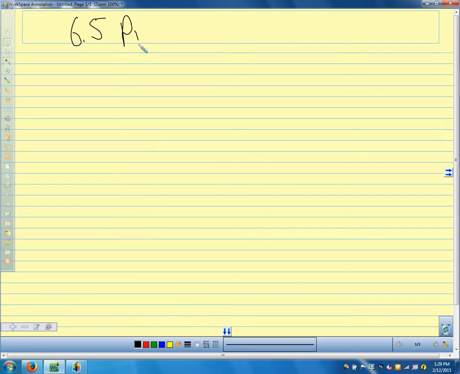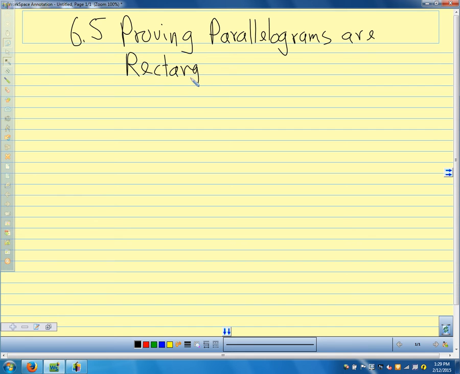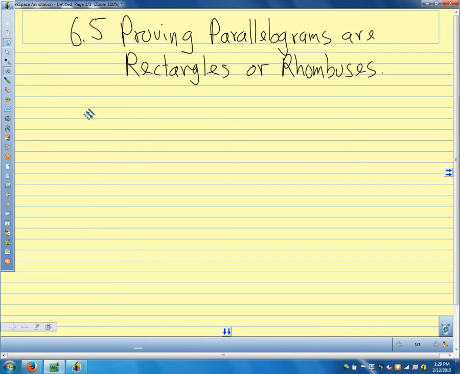So we want to prove... So we want to know if we have a parallelogram, how can we tell if it is a rectangle or a rhombus? That's what we're going to figure out.